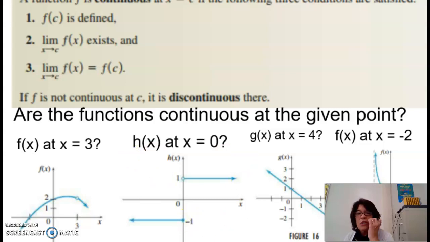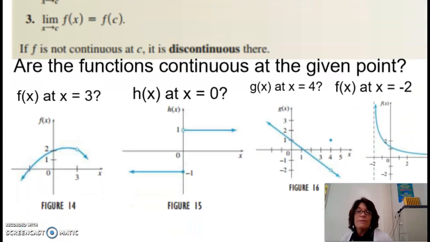Are the functions continuous? Is h of x continuous at 0? Well, I know number 1 works. h of 0 is -1. When I put 0 in, the point (0, -1) is a point on this graph. However, the limit as I approach 0 from the left is -1.